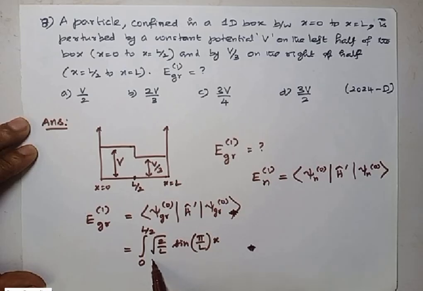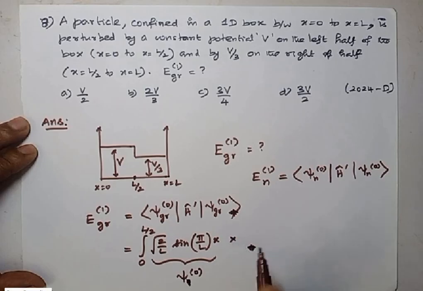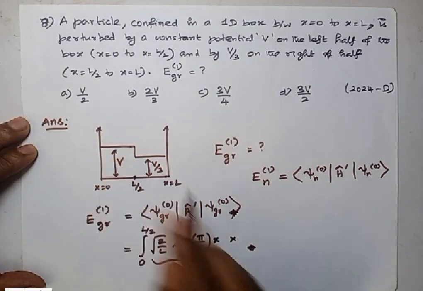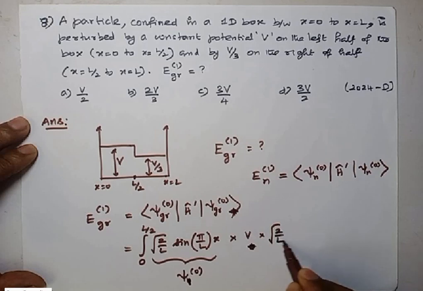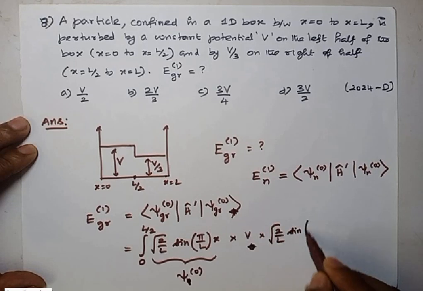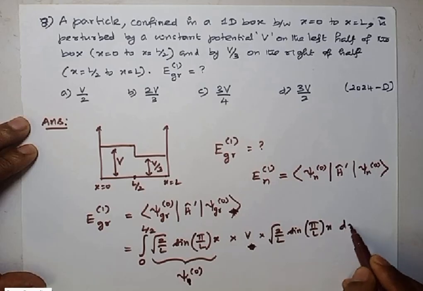This is the ground state wave function in the unperturbed system. Then for the left half, the perturbation is the constant potential V, and the same wave function, square root of 2/L sine of pi by L into x, dx. This is for the first half.